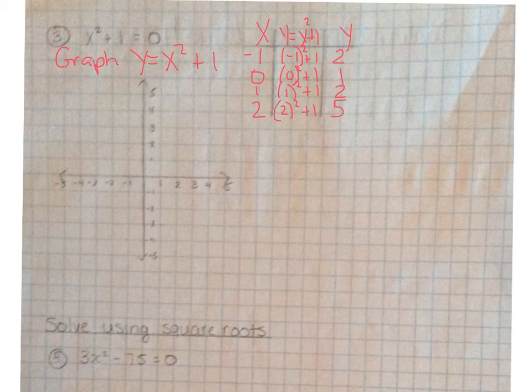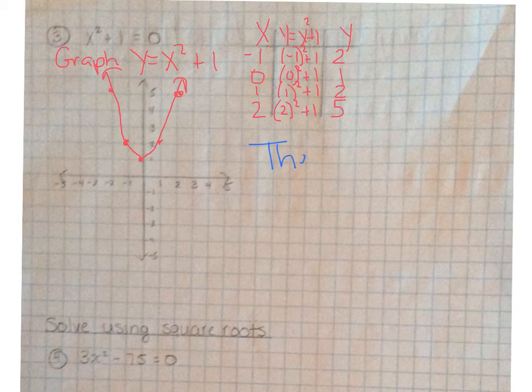So first we will plot our points. -1, 2. 0, 1. 1, 2. 2, 5. Reflect 2, 5 to have -2, 5, and draw our parabola. Keeping in mind that we're looking for where it crosses the x-axis, and you notice here that it doesn't.